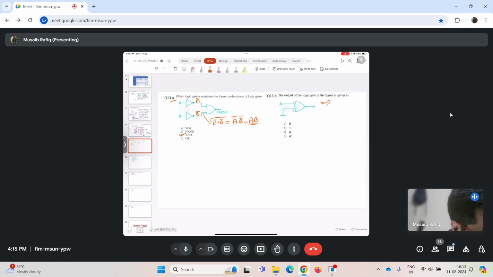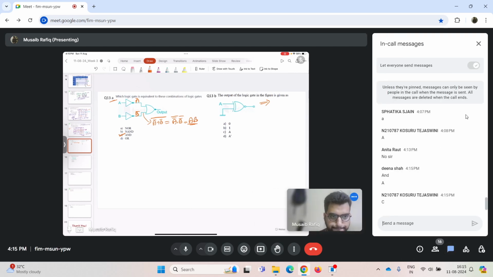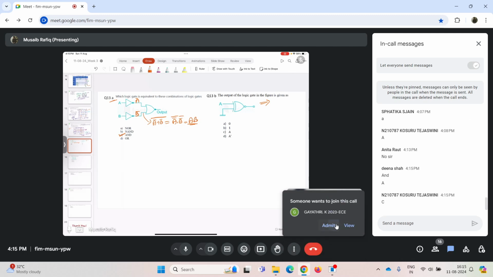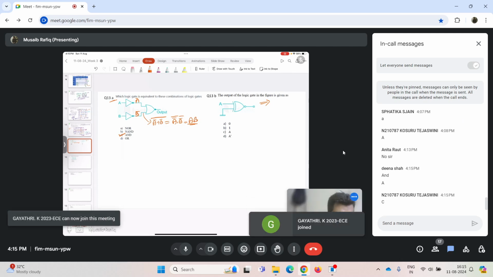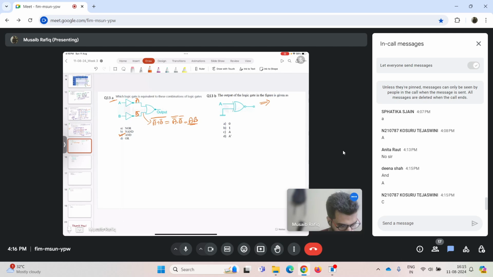And what is this equal to? Can anyone tell me quickly? This one.